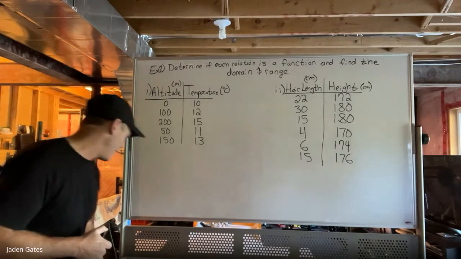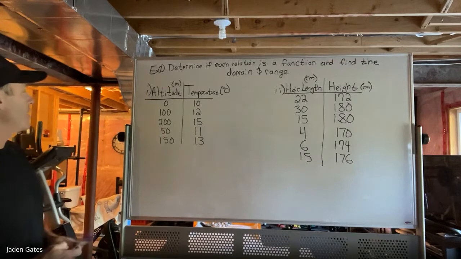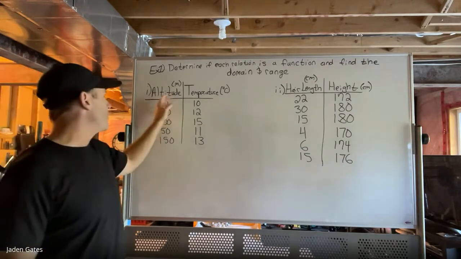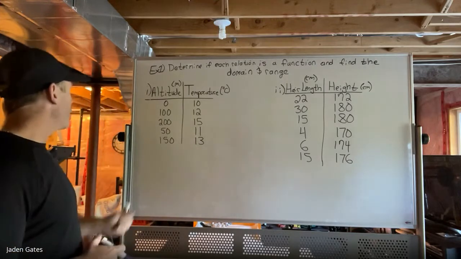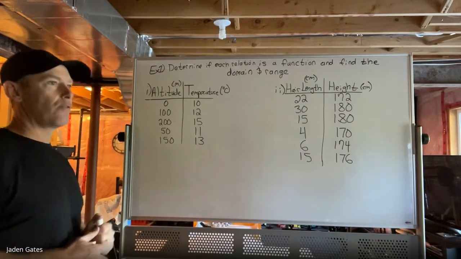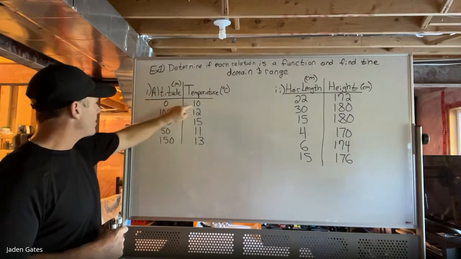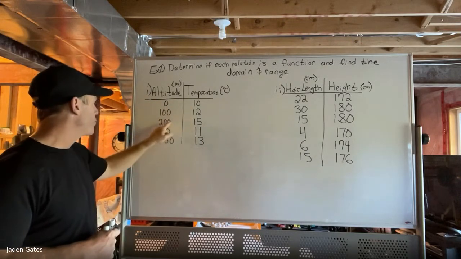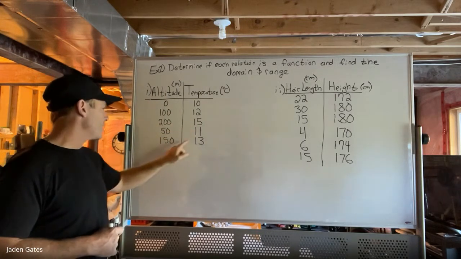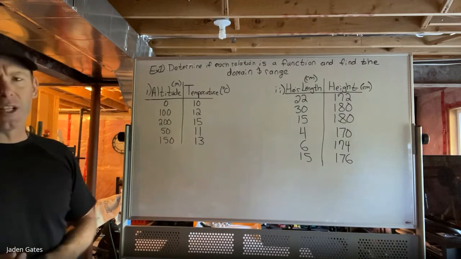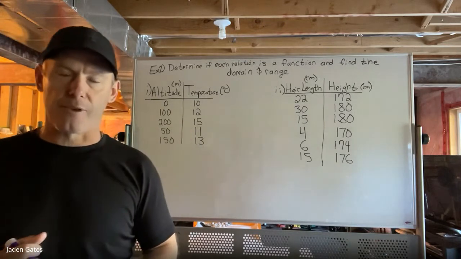Now, the first thing is that I have a set of data where we're talking about the altitude and the temperature. What we're looking for is, does every x have one y? When I look, 0 has 10, 100 has 12, 200 has 15, 50 has 11, and 150 has 13. In this situation, there are no repeats of an x value.